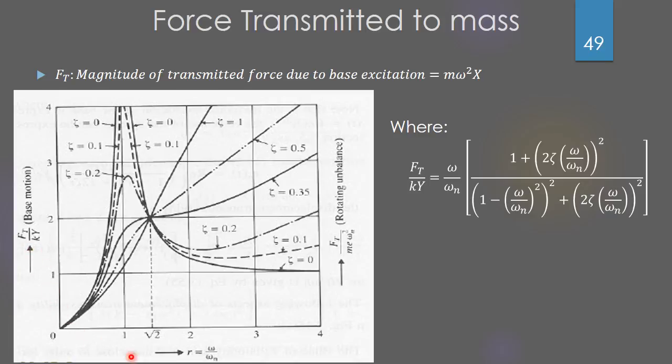And if we plot the FT over ky, the base motion, with the frequency ratio, we can see the same thing, that at the square root of 2, all the damping ratios are the same. But in here, the damping ratio increases the excitation.